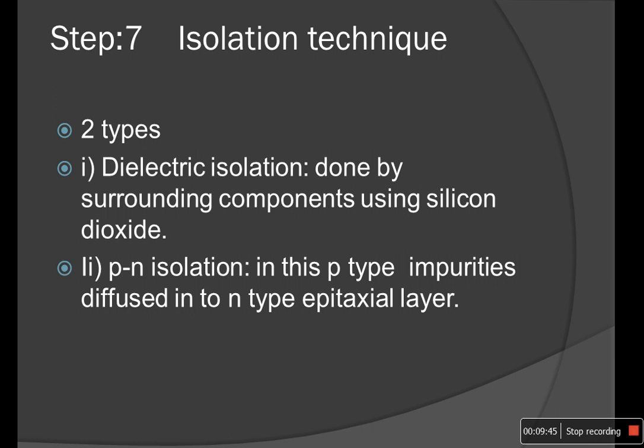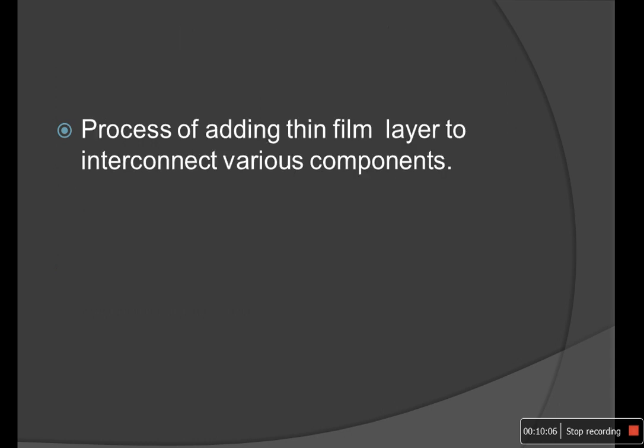So isolation is nothing but the separation between different components or interconnections, and it is of two types, dielectric isolation and p-n junction isolation.